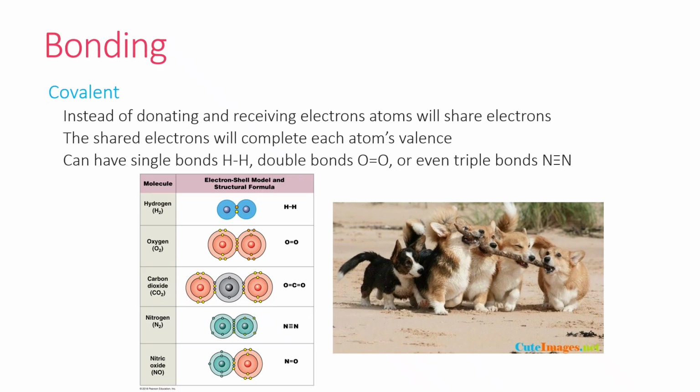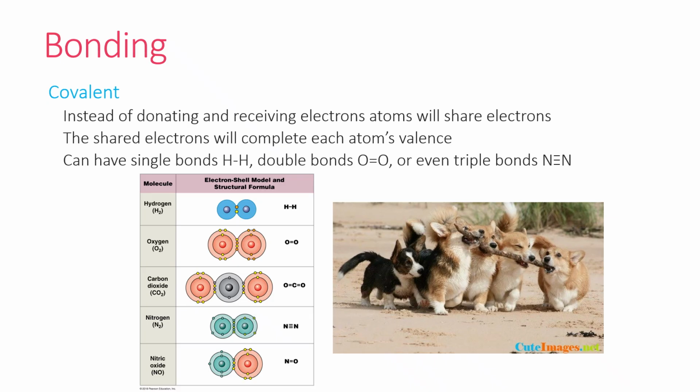A great example is, I'm not going to draw these, we'll just kind of look at them here in the pictures, would be hydrogen. So hydrogen is very, very rarely seen just by itself. So you don't see a single hydrogen atom. But hydrogen gas, for instance, has two hydrogen. It's H2. And what happens here, as you can see, we have two atoms of hydrogen, each one with an electron.